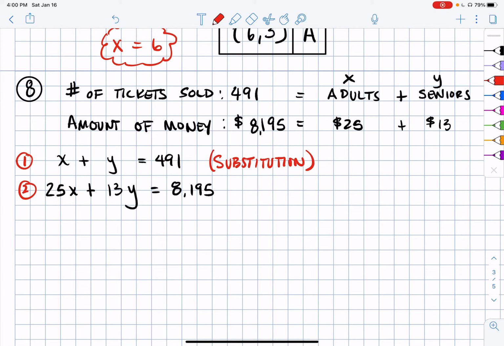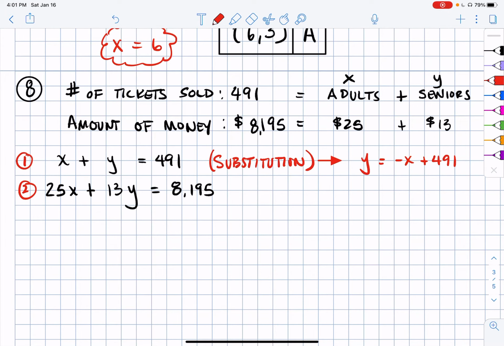I'm going to take equation 1 and get y by itself. That means I subtract x over, so y is equal to negative x plus 491.